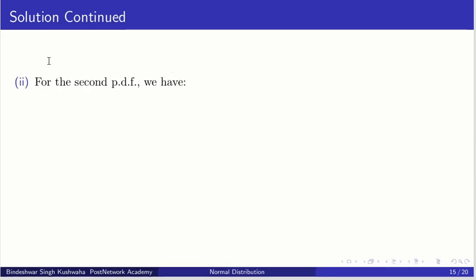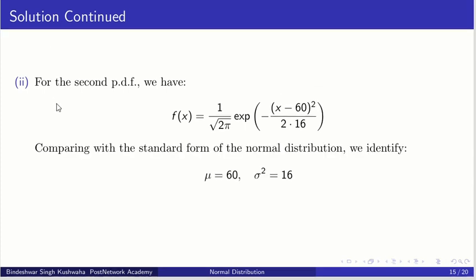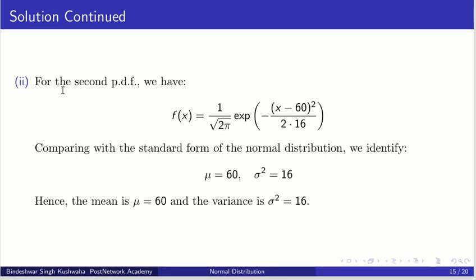Let us see the second question. For the second PDF, again just compare it with the normal distribution. If you compare, here mu is 60 and variance is 16.